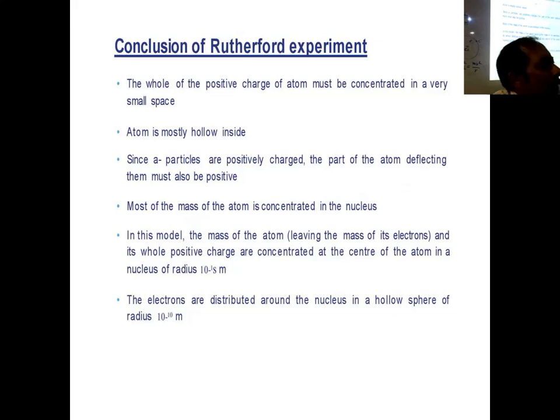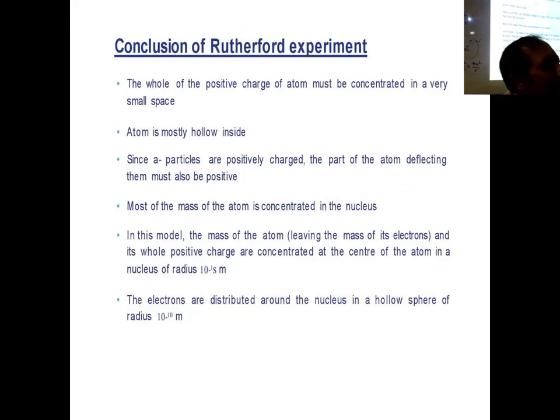A few particles, whenever coming very close to the positively charged center, get some deflection. And very rarely, out of 20,000 maybe only one, whenever coming just in front of the nucleus, gets deflected or comes entirely back. So the concept of the nucleus we get from here.